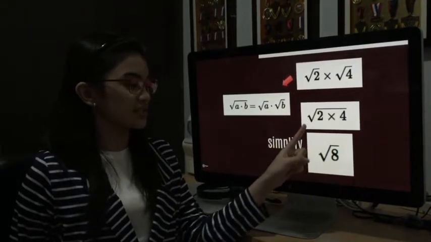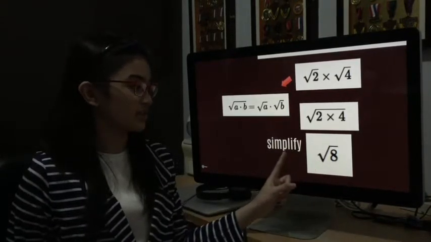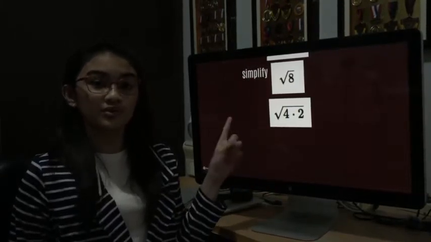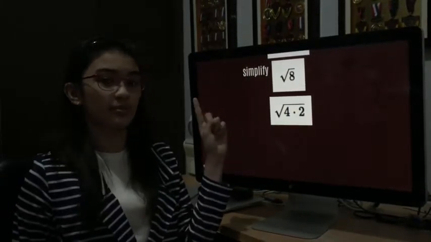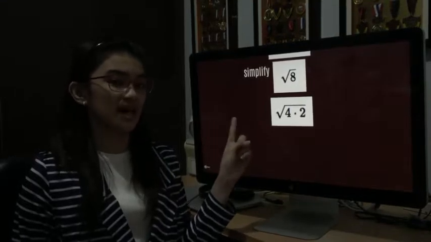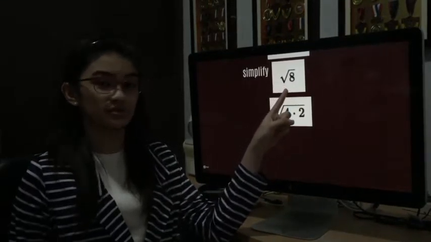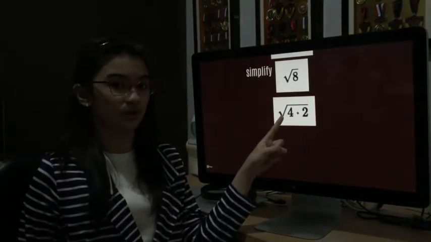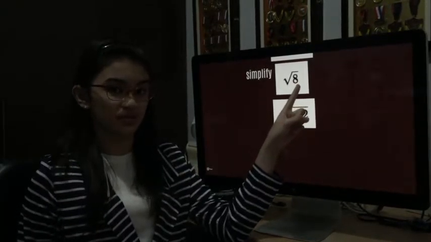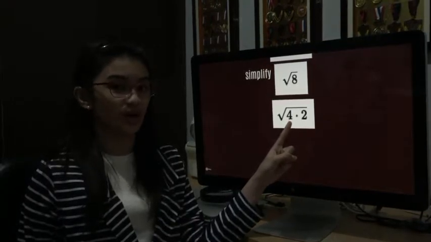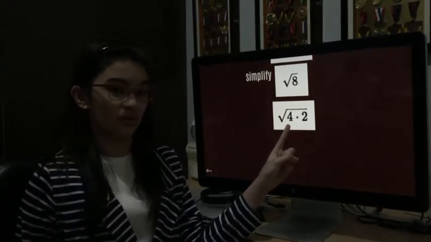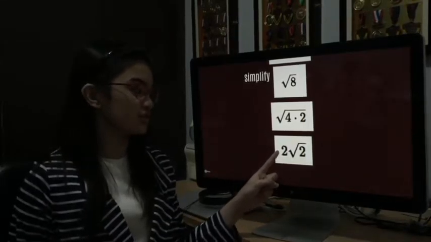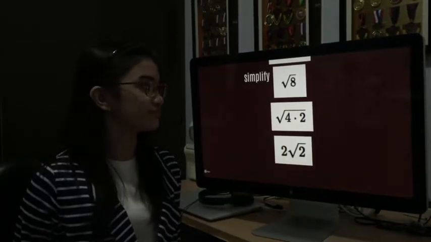So it is equal to square root of 8. Now we must simplify. To simplify, we must think of a perfect square that when we multiply it to a number will be equal to 8, which in this case is 4. So 4 times 2 is equal to 8, and 4 is a perfect square. The square root of 4 is equal to 2, which means that the answer is 2 square root of 2.